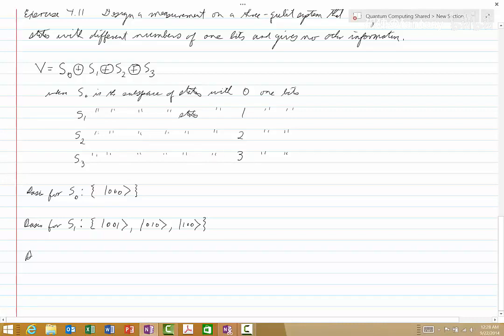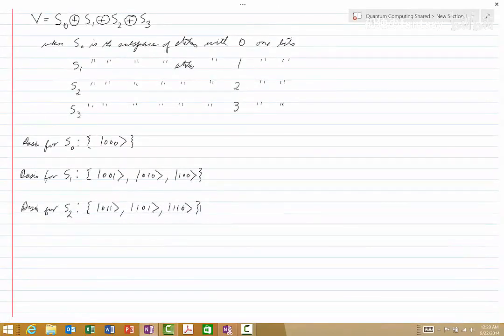Now for a basis for S2. Well, thinking of these in order, we could have 0, 1, 1, 1, 0, 1, and finally 1, 1, 0.